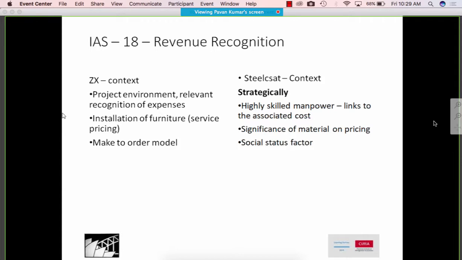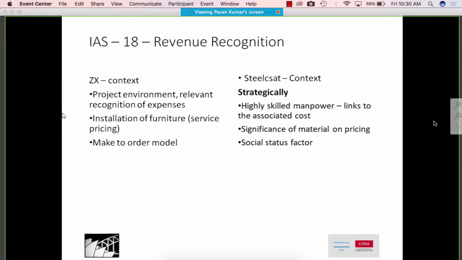Now from this SCS perspective, strategically, the company has highly skilled manpower. And there is a specific mention of this in the manufacturing process, page number 4, the first paragraph towards the last, where it specifically says, the final assembly of the movement requires a highly skilled watchmaker to regulate the mechanism so that it tells the time as accurately as possible.